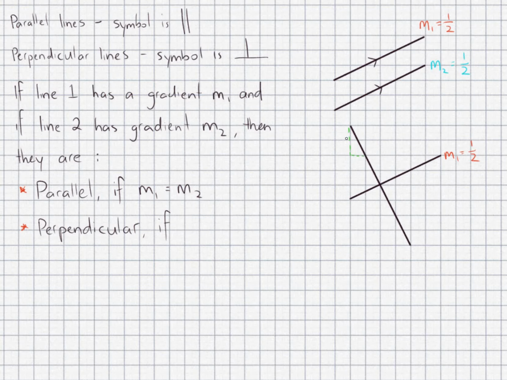The rise is 2 and the run is 1. So it's kind of flipped around from what we had with our first line. This gradient is negative 2 over 1, or just negative 2. And these are two lines that are at right angles.